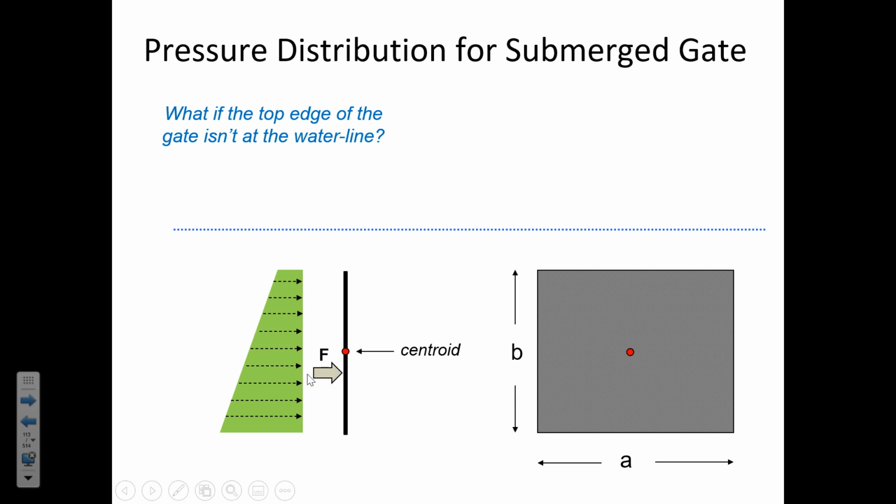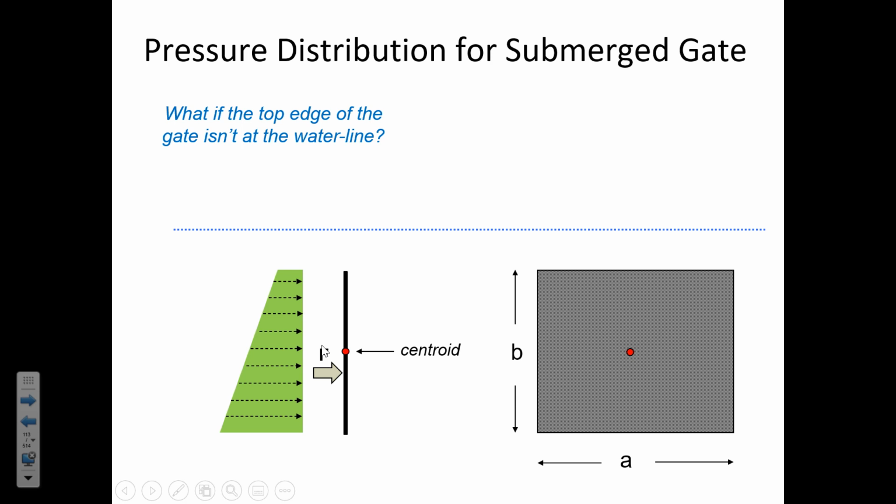So here's that hydrostatic force, the equivalent force that is integrating a pressure over an area. To find the magnitude of the force, the force magnitude is pressure at the centroid multiplied by the area.